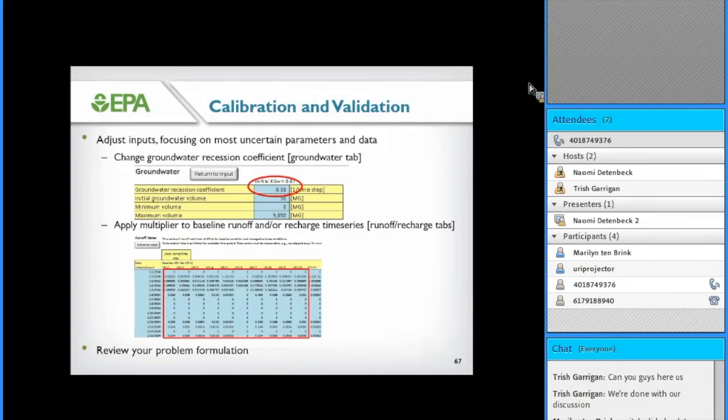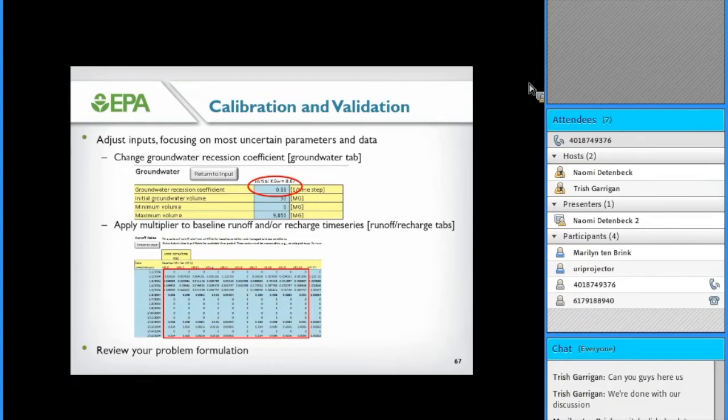One that the model is sensitive to is the groundwater recession coefficient that's found in the groundwater tab. And that groundwater recession coefficient basically is the relationship between groundwater and surface water. It influences how flashy the response is to the precipitation, so the runoff and the recharge.